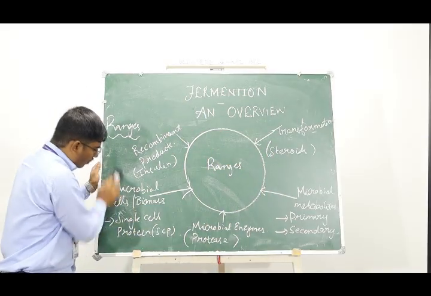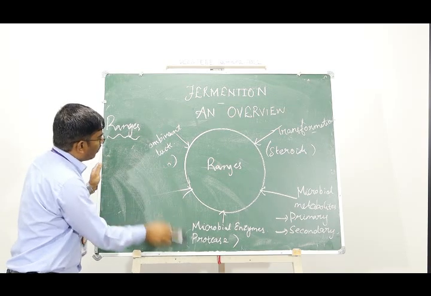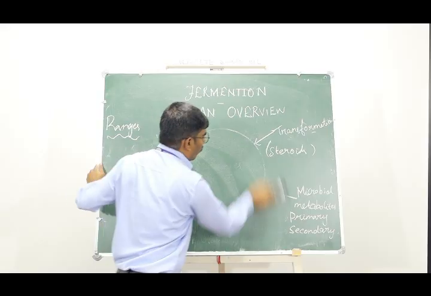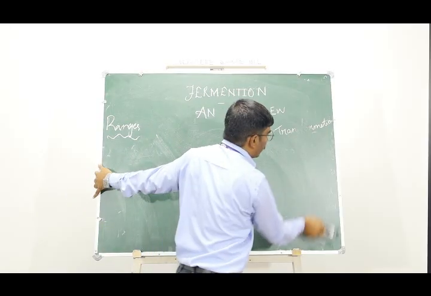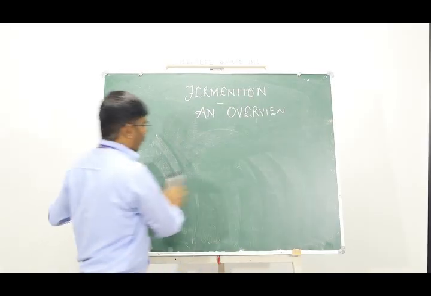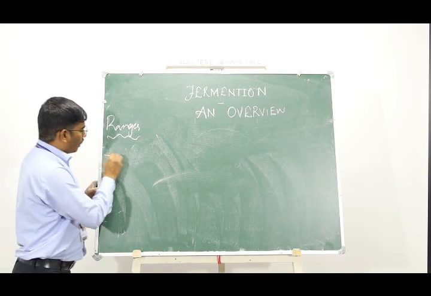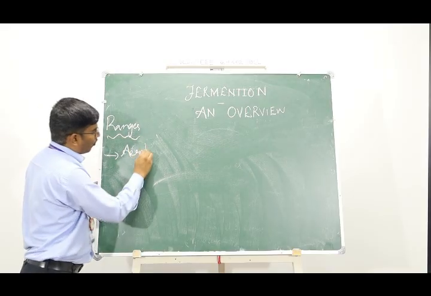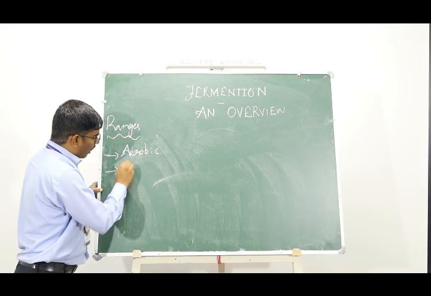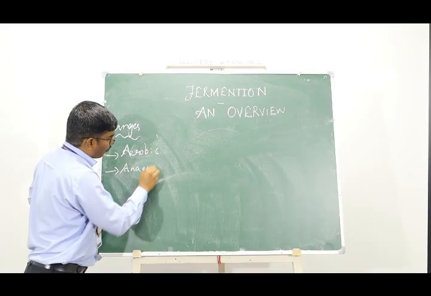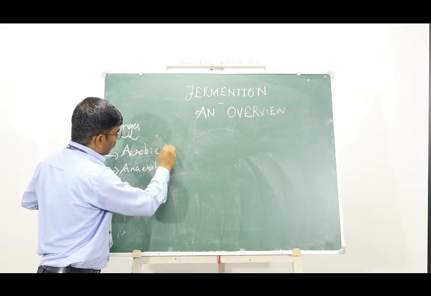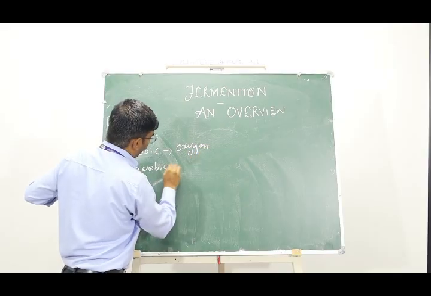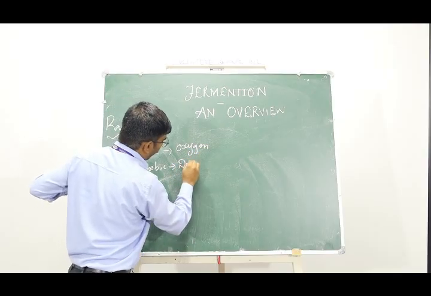I have explained that the ranges of fermentation vary from aerobic to anaerobic, then batch to continuous. Based on the oxygen requirement, it is categorized into aerobic and anaerobic. Aerobic needs oxygen, and anaerobic does not need oxygen.